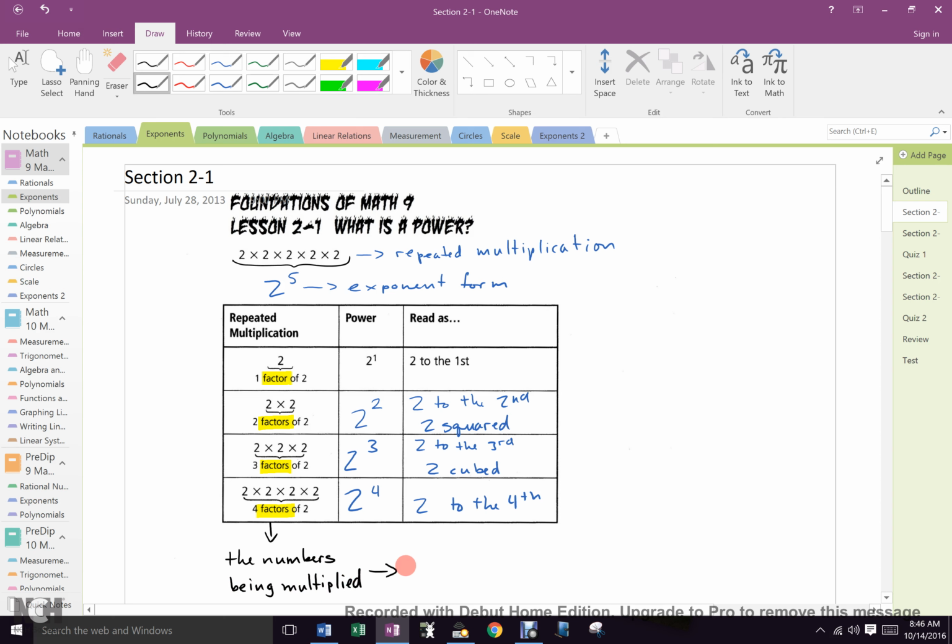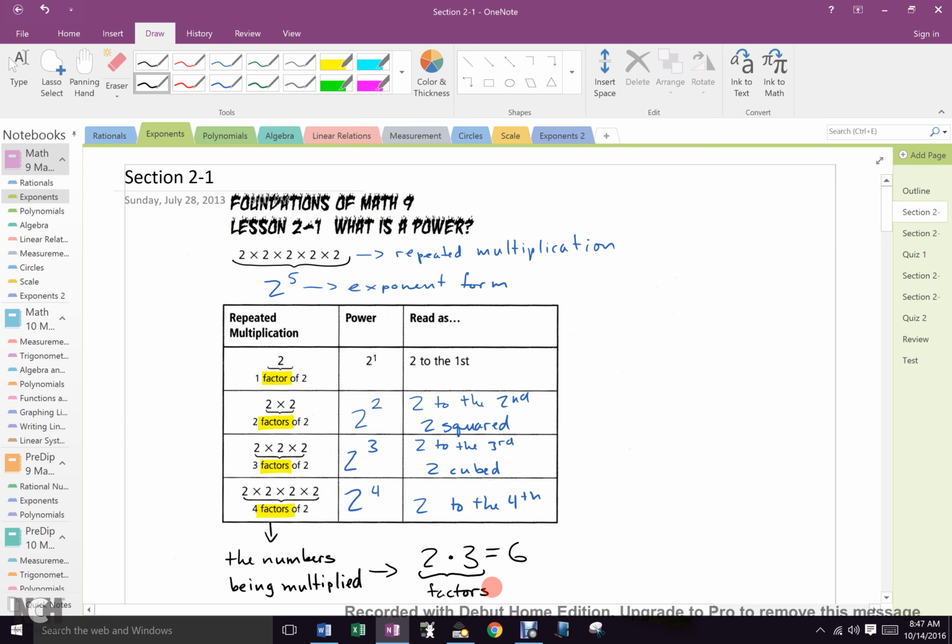So you guys are used to seeing this like this. 2 times 3 equals 6. Where are the factors? No. 2 and 3, because the factors are the numbers that are being multiplied. Those are the factors. Everybody cool?